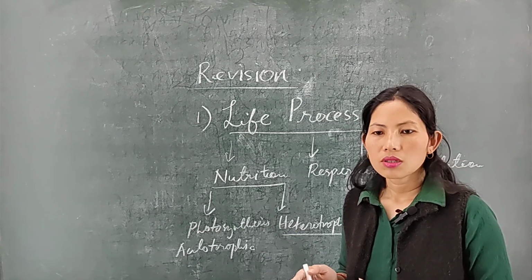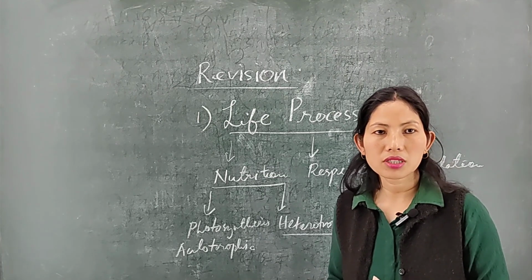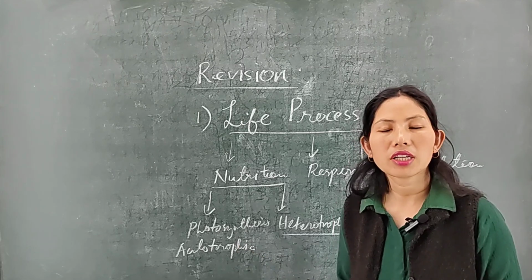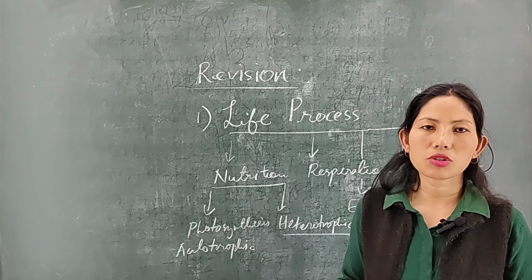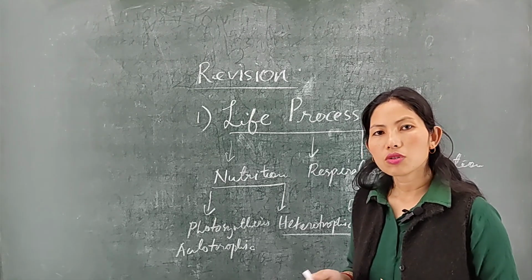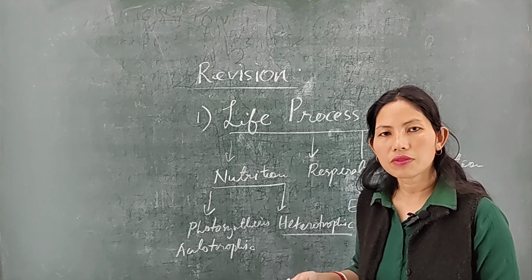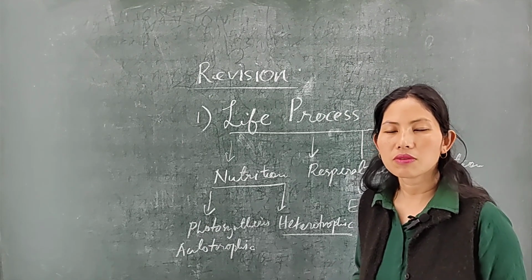The same process is done in two different ways: in unicellular organisms it is done in a different way, and multicellular organisms have more specialized organs and organ systems for the process. So you need to learn how the mechanism, or the process of nutrition, differs.